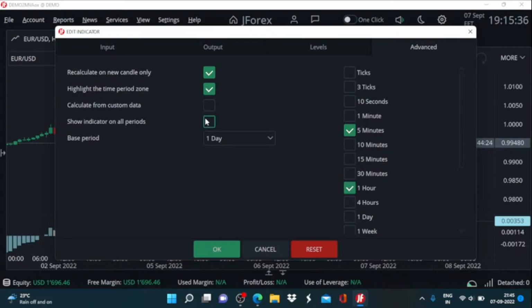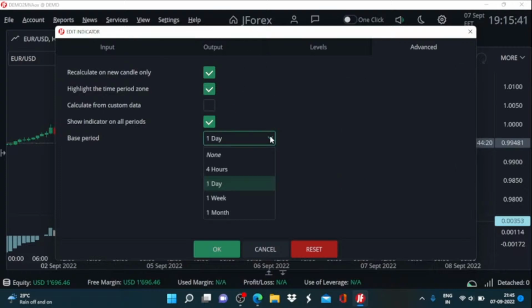So you can go for these customizations to make it more useful for you to make sense of the market trends. And the best period can be any of these five options: none, 4 hours, daily, weekly, or monthly. So that's it from my side for today's session.